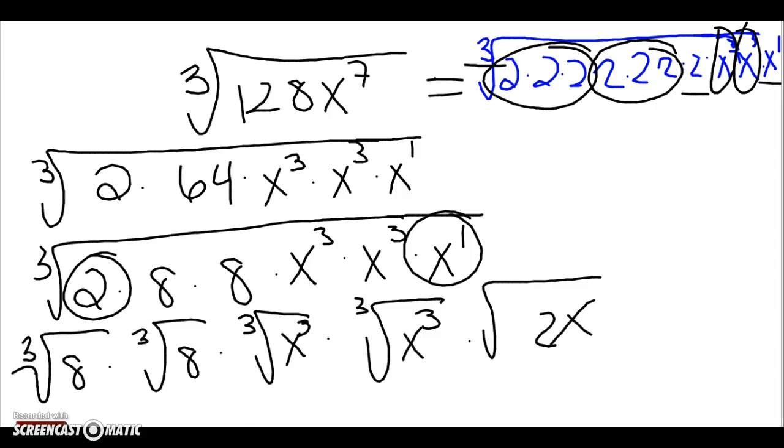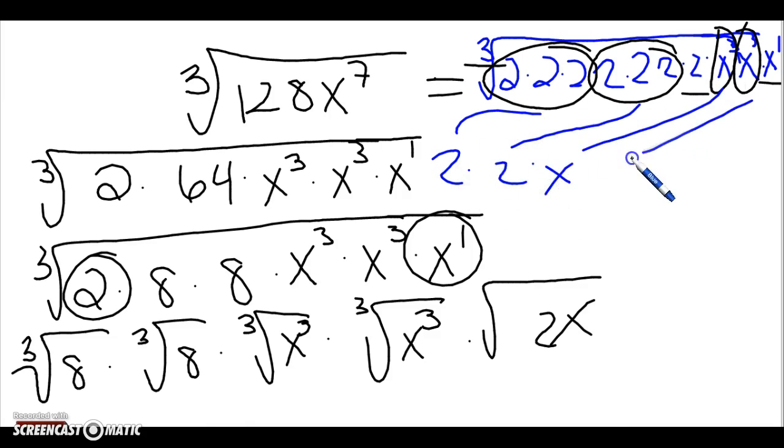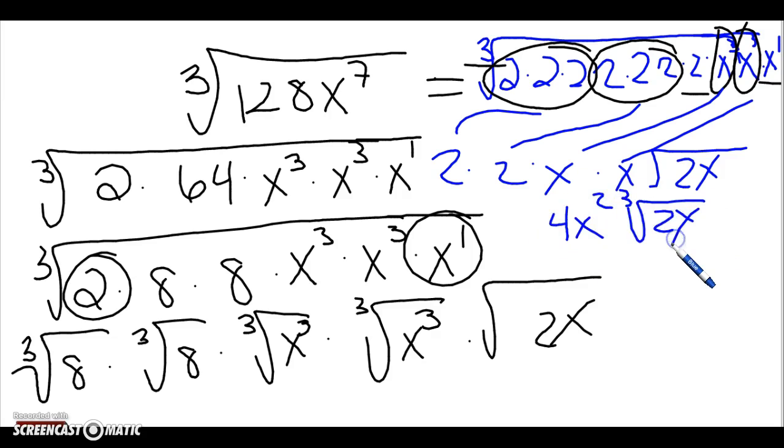And so, as we said, when I have 3 of something, one of those comes out. So here, I'm pulling out 2, pulling out another 2, pulling out an x, and pulling out another x. And I'm left with 2x. Multiply this out, I get 4x squared and the cube root of 2x. Oops, I'm sorry, I forgot my cube sign here. Same principle applies here.